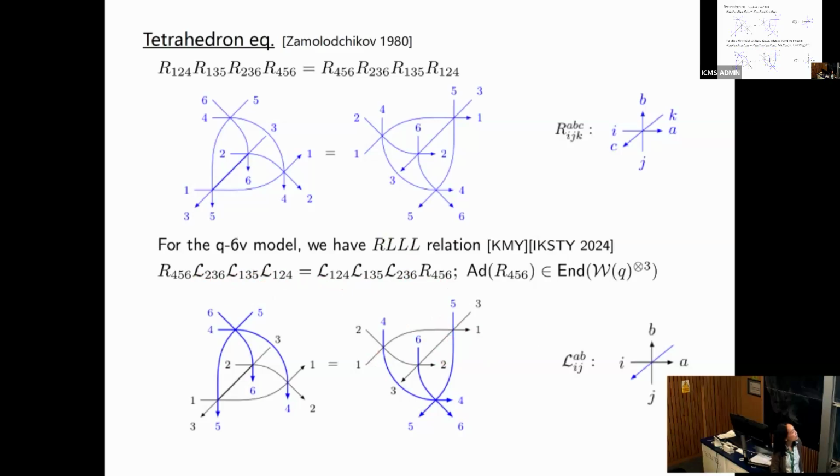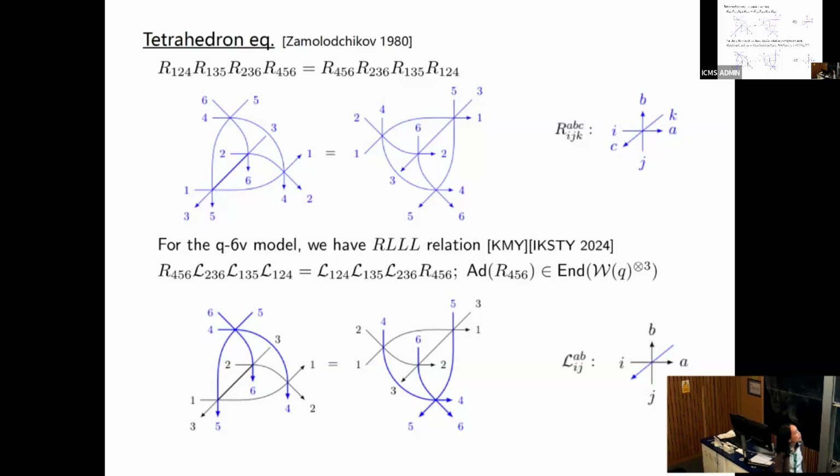Then, if you look at these two pictures from the top, ignoring these blue lines, you see that this is a kind of higher dimensional Yang-Baxter relation. In other words, the adjoint action of this operator R gives a Yang-Baxter map with respect to these black arrows.